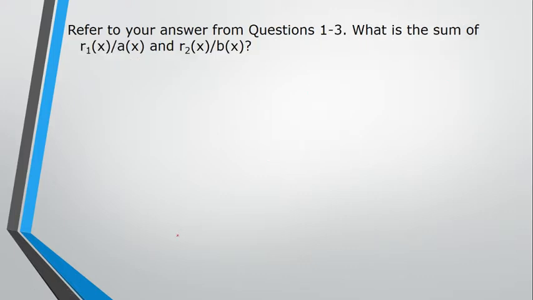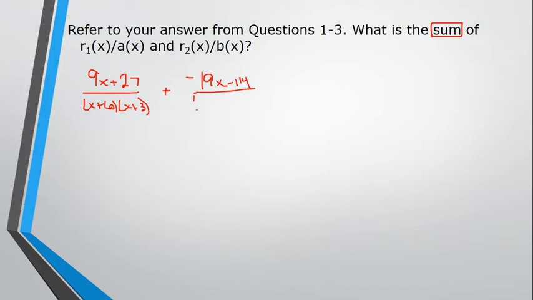Refer to your answer from questions 1 to 3. What is the sum of r1 of x over a of x and r2 of x over b of x? Well, if I look back at question 2, r1 of x over the LCD is 9x plus 27 divided by x plus 6 times x plus 3. And I want to know the sum of these two, because that's what it asked me. So plus r2 of x over b of x from question 3, which was negative 19x minus 114 over our LCD of x plus 6 times x plus 3.